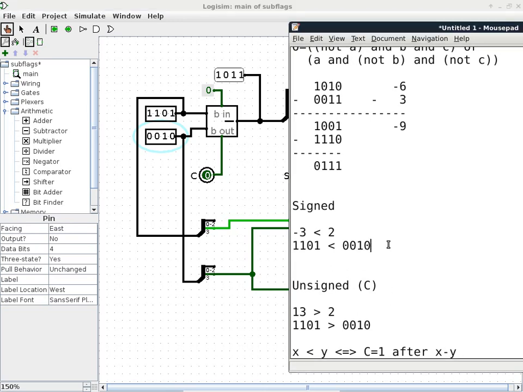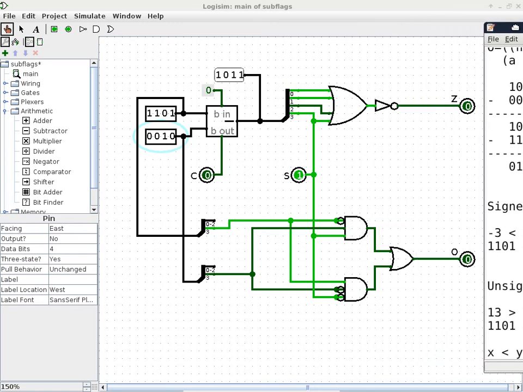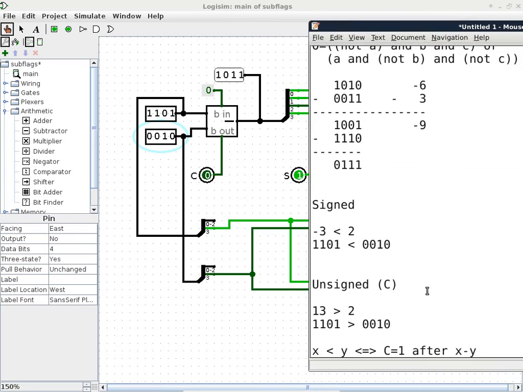In this particular comparison, let's record how the flags are set or cleared. Overflow is cleared, the sign flag is set. The Z flag is not important because as long as they're not the same, the Z flag is going to be a 0.